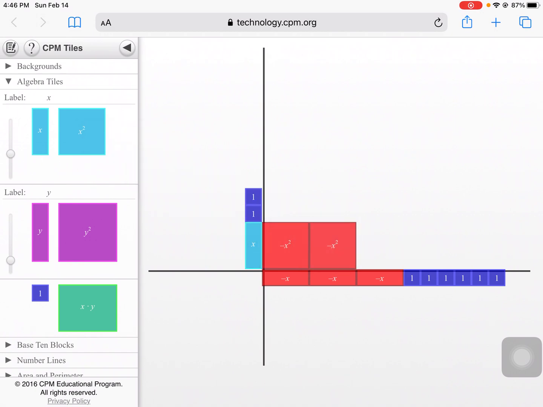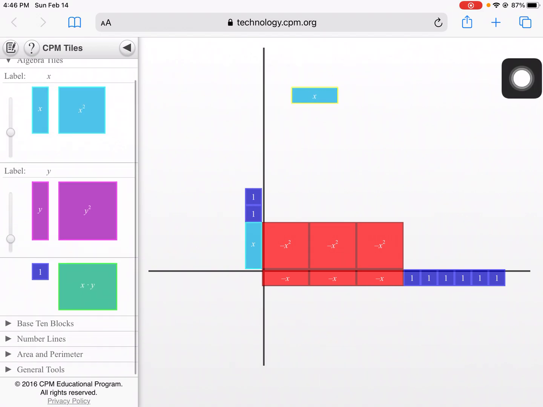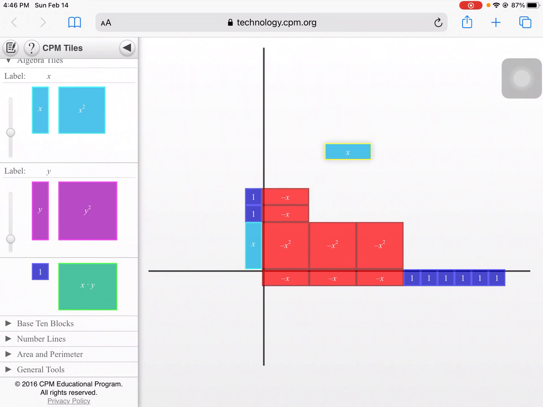So there's going to be 3 of those, 3 negative x squareds. And when we multiply these negative x's times positive 1's, we're going to get negative x's, because a negative times a positive is a negative. So these are all negatives.